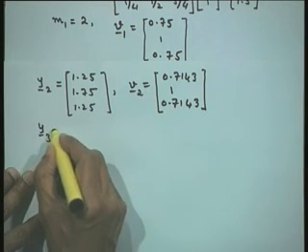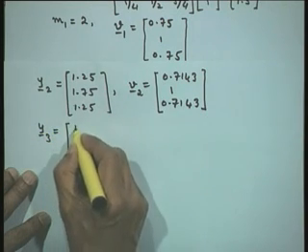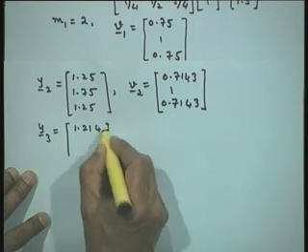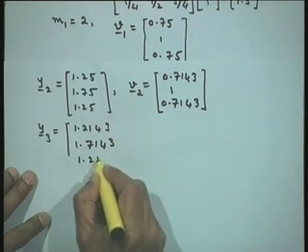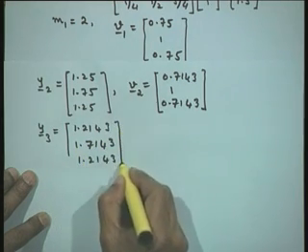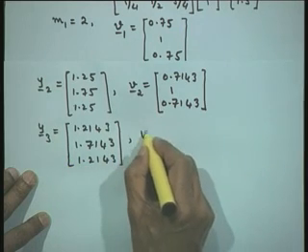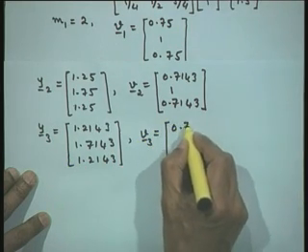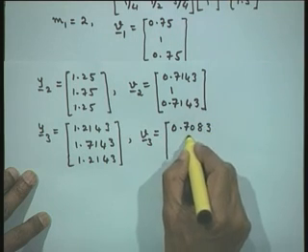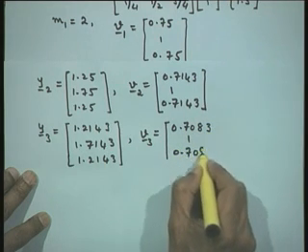And Y3 is 1.2143, 1.7143, 1.2143, and V3 is 0.783, 0.783.